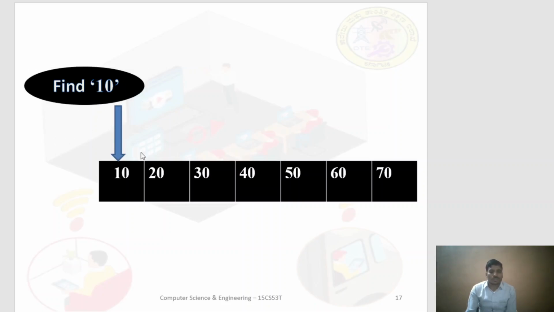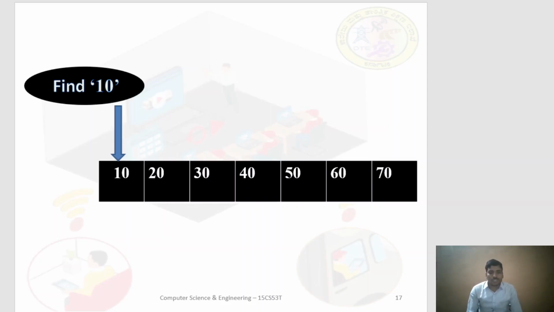So after comparison of search key with the first element, the matching happens at the first comparison itself. Hence, the algorithm returns the first index of the array. Hence, it is said to be best case. So minimum number of steps taken to execute the algorithm.